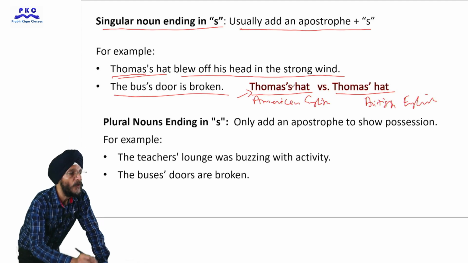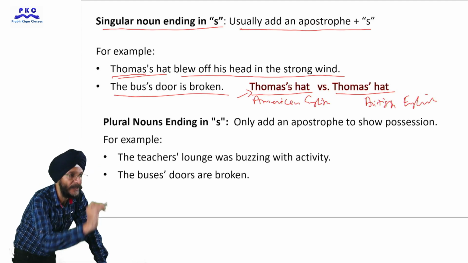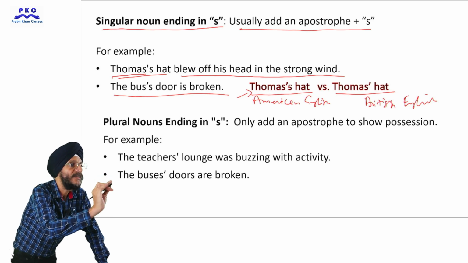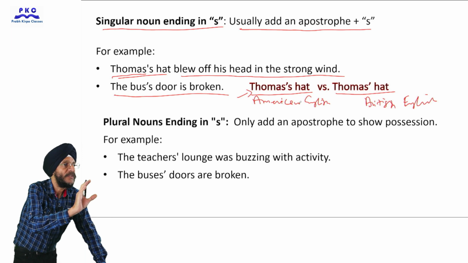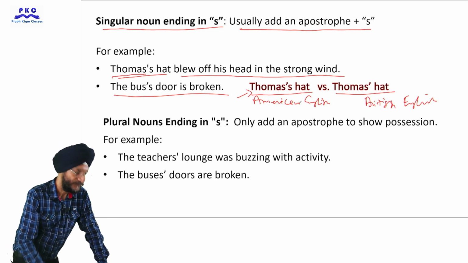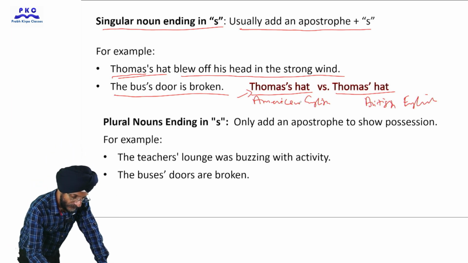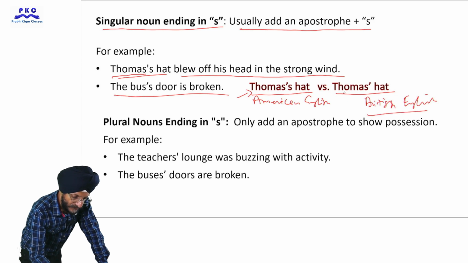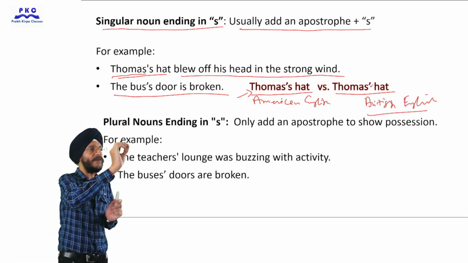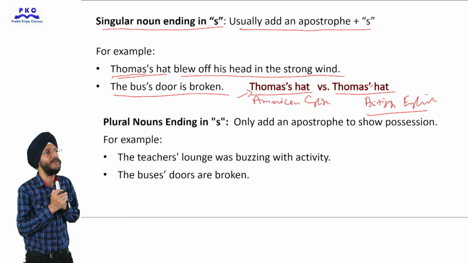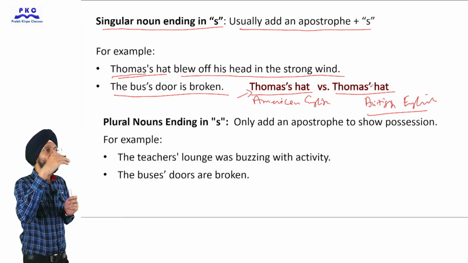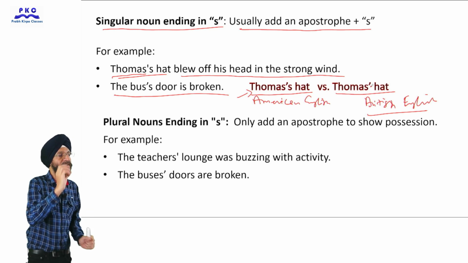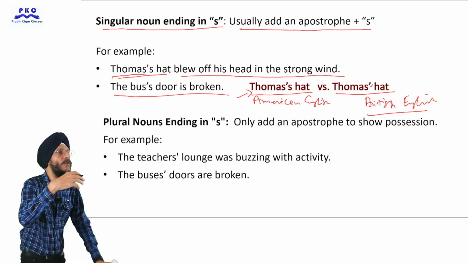This way of showing possession, Thomas's hat, apostrophe plus s, is widely used in formal English, in formal writing. And this Thomas' hat, where only an apostrophe has been added to show possession, is normally used in informal writing or speech.